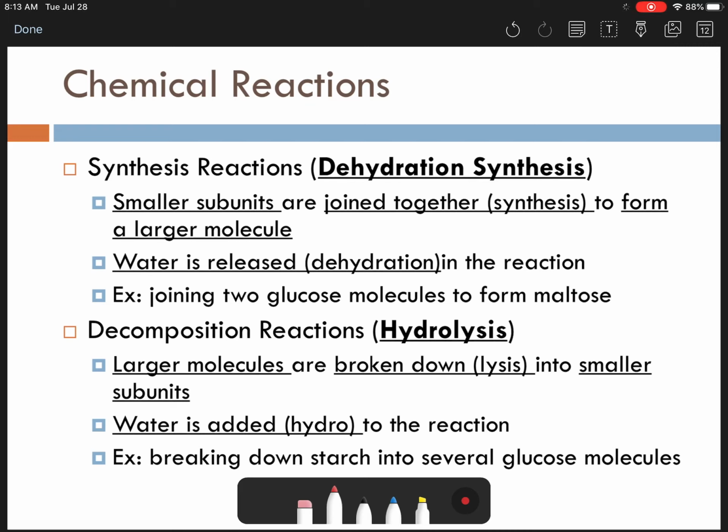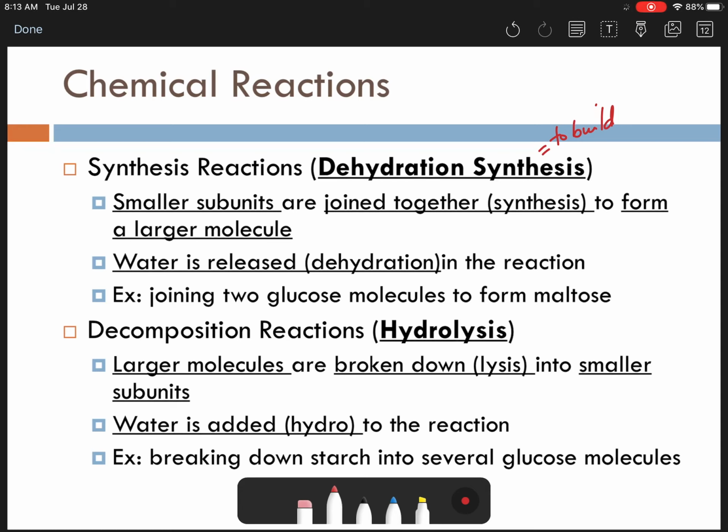When you think of dehydration, what do you think is happening there? We're like removing water, right? We're drying out. Okay, so keep that in mind. Synthesis means to build. Okay, so keep that in mind as far as what that term means.